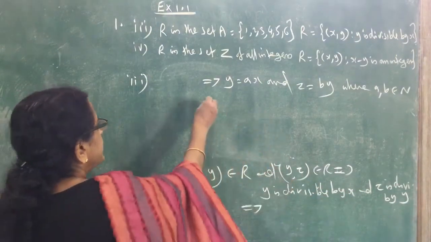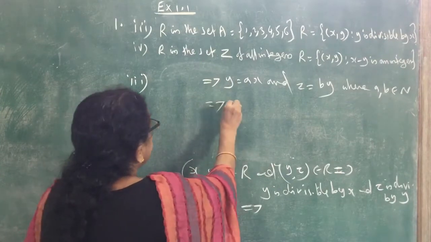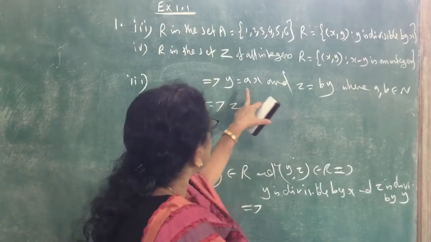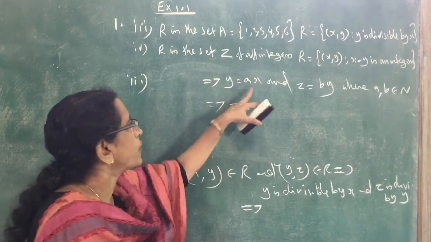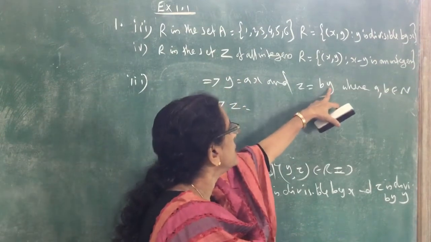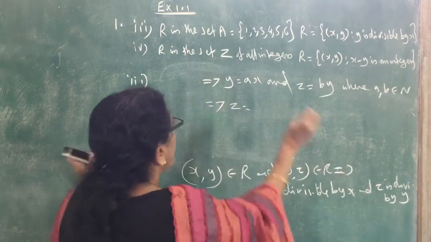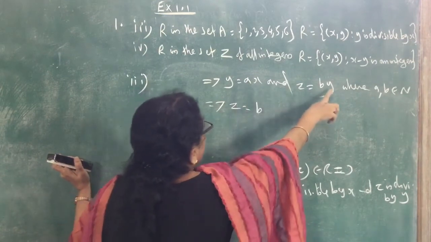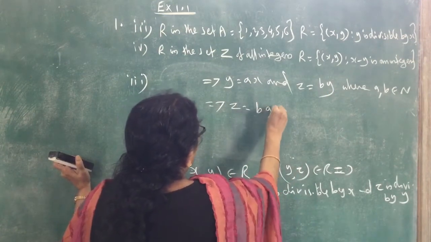Now we can substitute the value y equals ax here. So we get z equals b into, in the place of y, ax, that is b into ax.